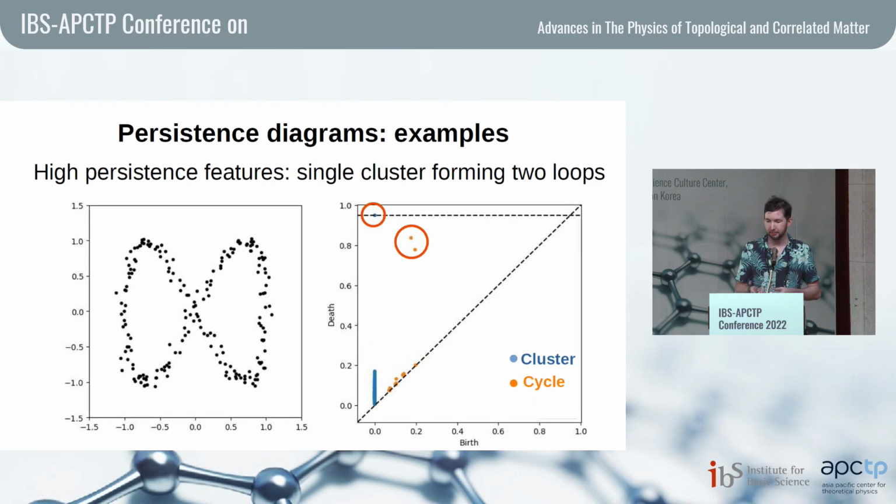In the second example, with this figure 8 point cloud, we have 2 highly persistent one-dimensional features, which capture the 2 cycles present in this point cloud. So this gives us a way to detect, in an unsupervised manner, the topological features of your data and also the scales at which they appear.